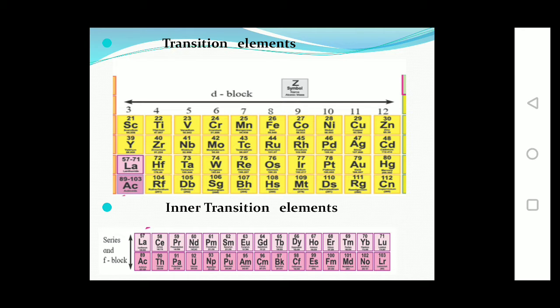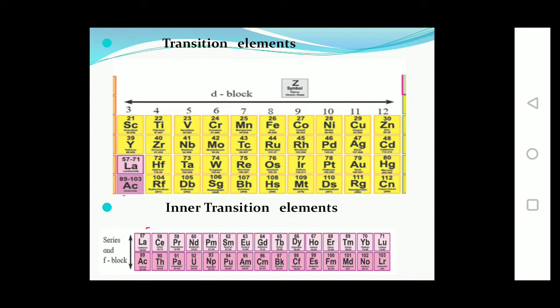These three properties are shown because of the presence of a larger number of unpaired electrons in the valence shell of these elements. We have learned about those properties in detail in the previous session.